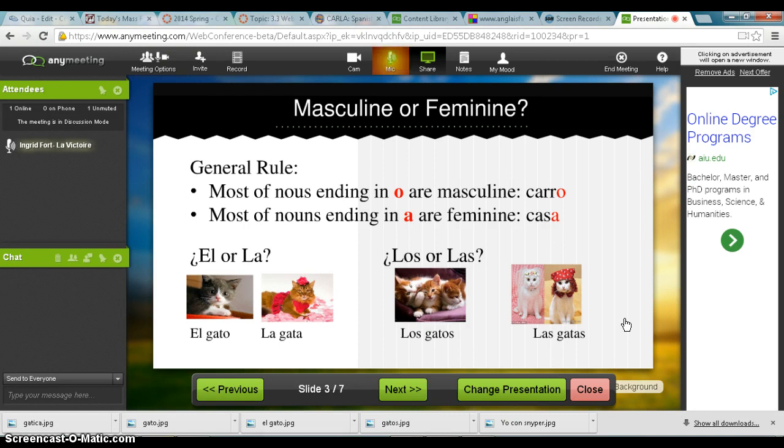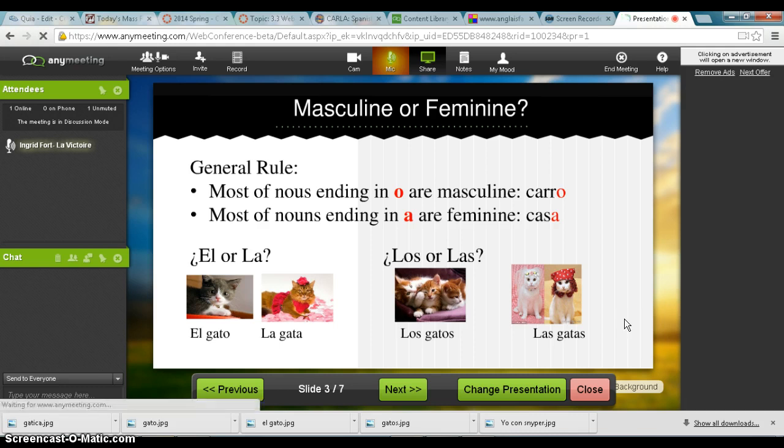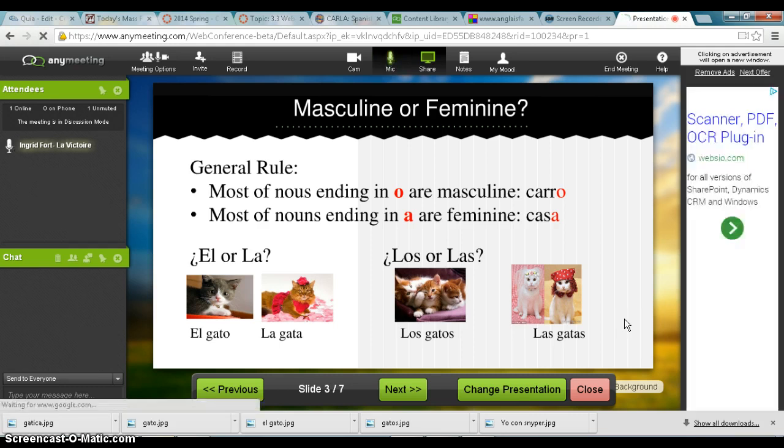So, which article do we use? El or la? Los or las? If we have gato, then we use el gato. If we have gata, then we use la gata. Gatos, los gatos. Gatas, las gatas. Any questions? Okay, let's continue.